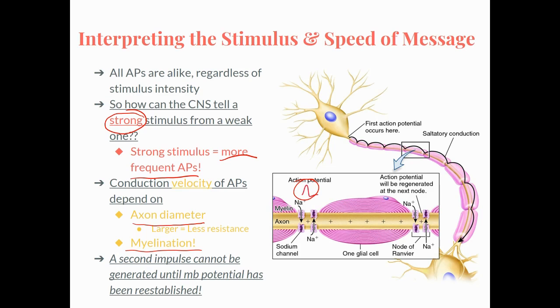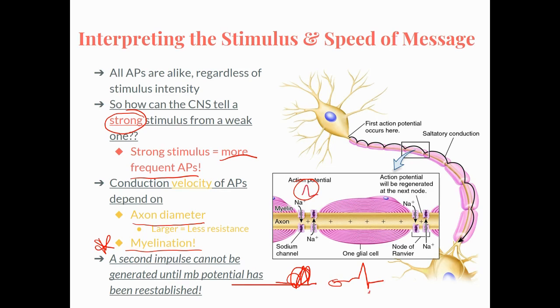Keep in mind that an action potential cannot be fired. So let's do my bad drawing here. An action potential, there, that's better, a second one cannot be generated until it gets back to the resting. This is the resting.